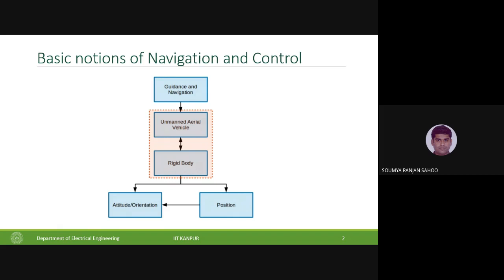So depending on the thrust and moment commands being generated by the controller, the rotors are either spun up or spun down, and accordingly you generate your torques and forces so as to achieve your desired position and desired heading.